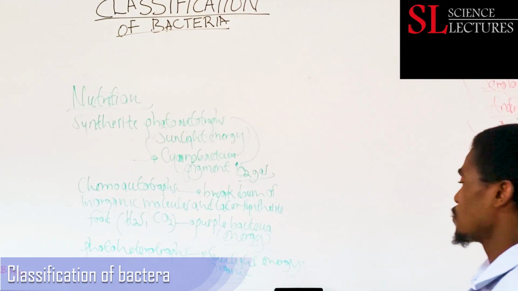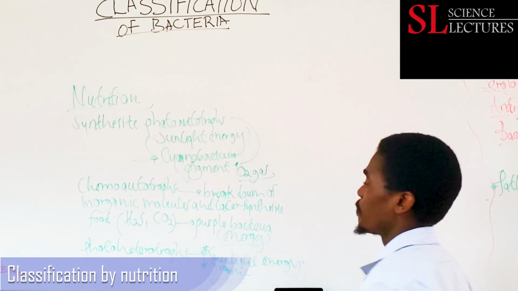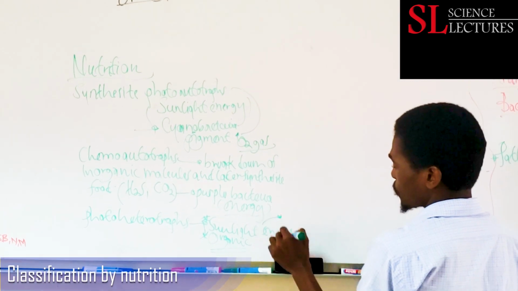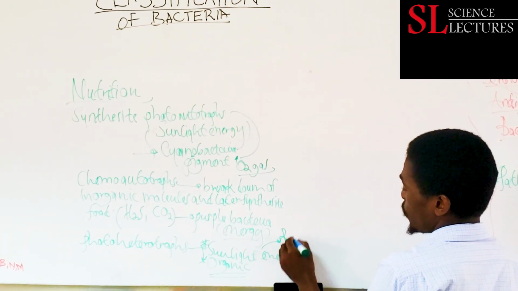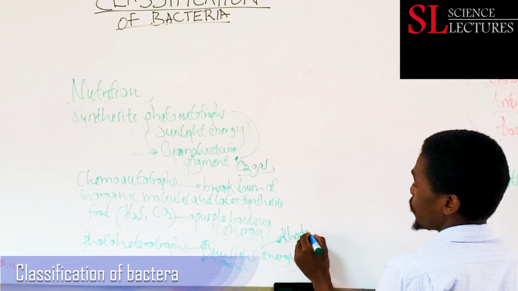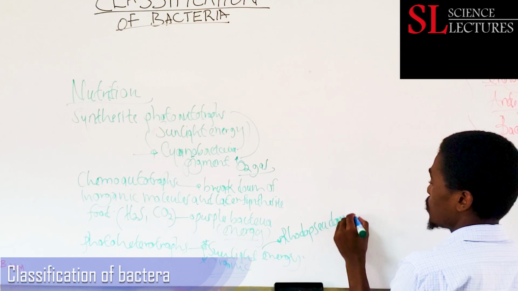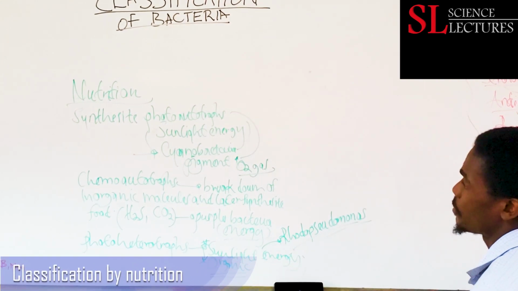They will feed on organic forms. However, they obtain also energy from the sunlight. Those are the photoheterotrophs. For example, the basic example we can give here is the bacteria called Rhodopseudomonas. Rhodopseudomonas can be a good example of a photoheterotroph.